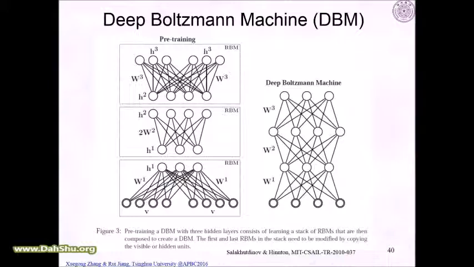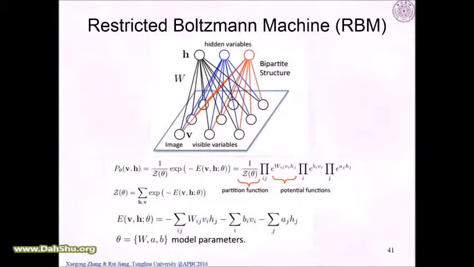We train this in an unsupervised manner, and then we use the output here. We train this and train this. So let's look at what a restricted Boltzmann machine is. The name sounds fancy, but you can take it as a kind of sophisticated probabilistic model.